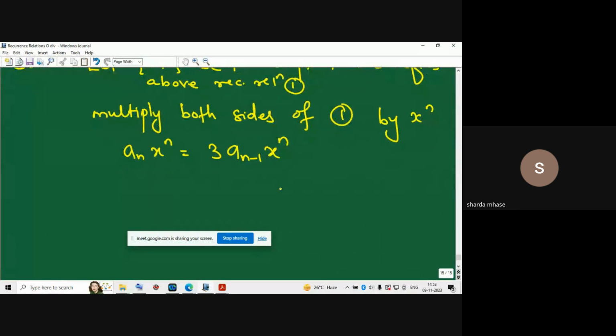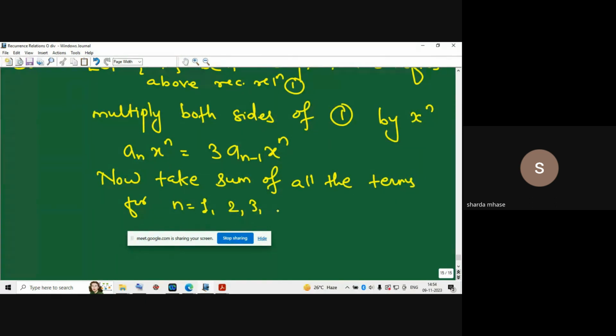So n could be 0, n could be 1, and so on. So a_n x^n is equal to 3 times a_{n-1} x^n. Now take the sum of all the terms of this expression for n equal to 1, 2, 3 and so on.